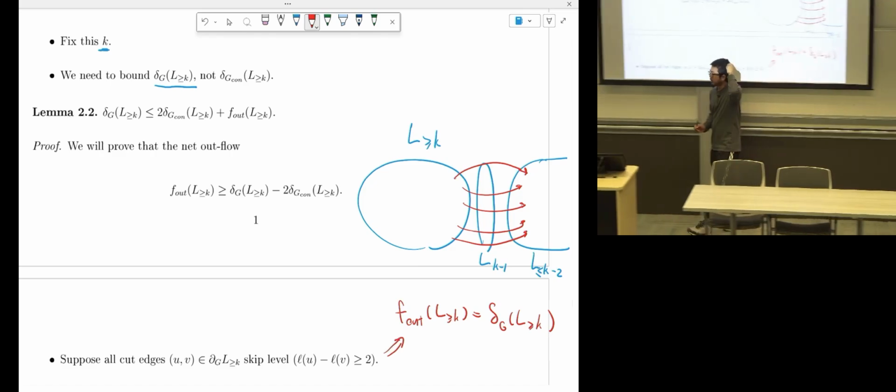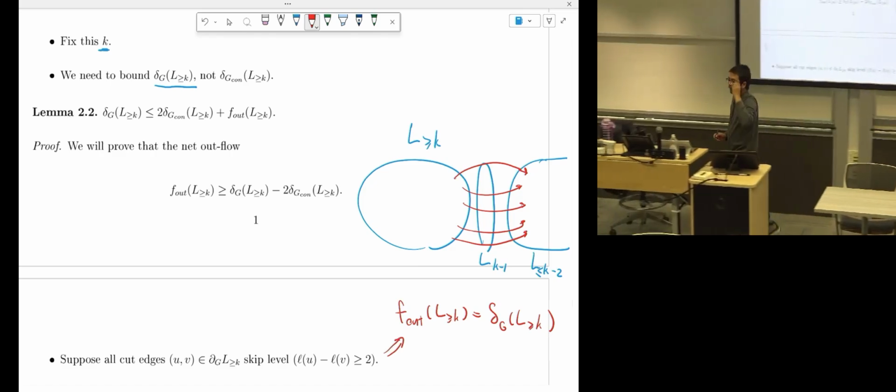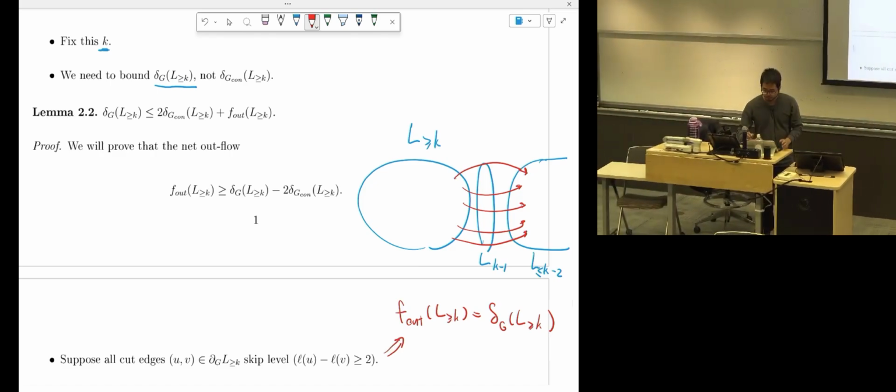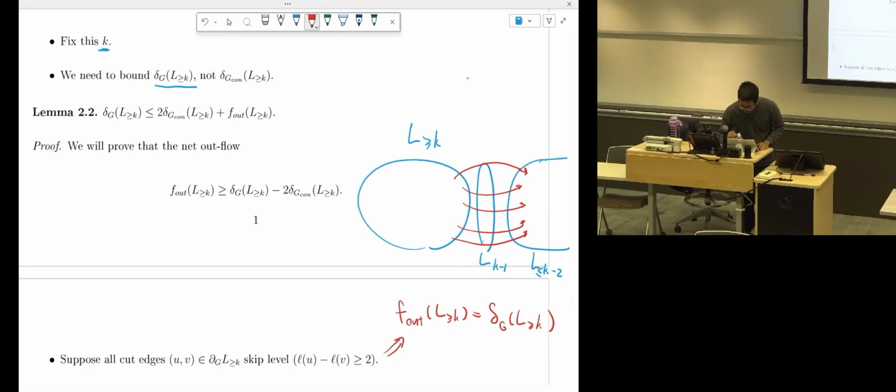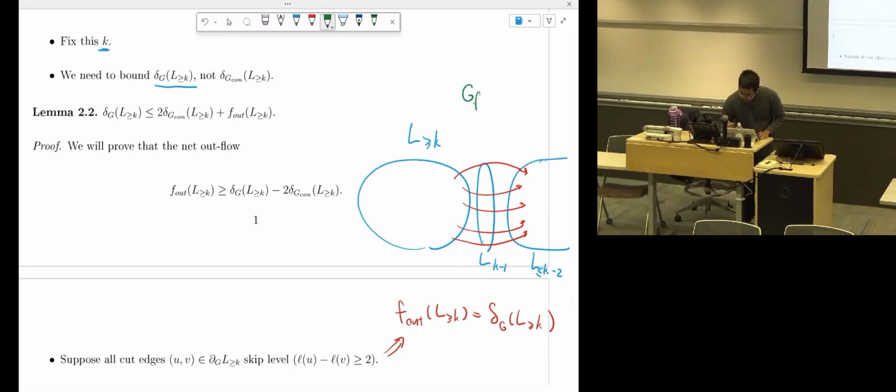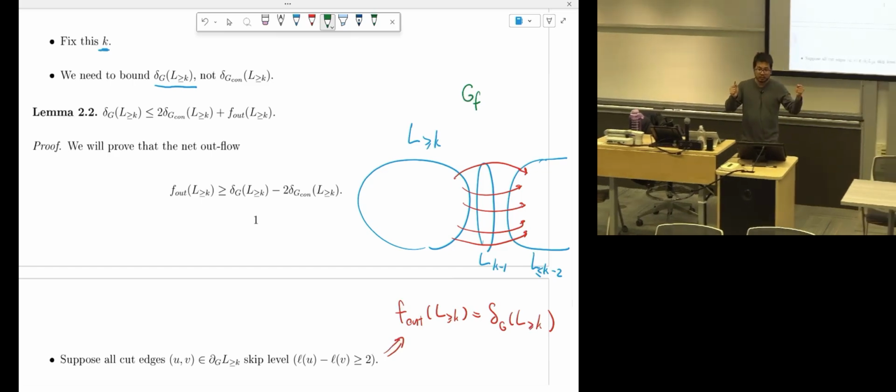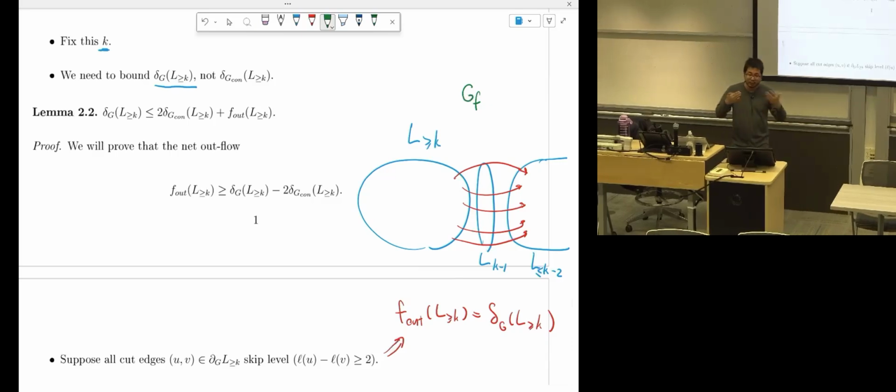And if you look at the residual graph, what do we know about edges in the residual graph? There's no overstretched edge, because we maintain the tight edge data structure on top of the residual graph.